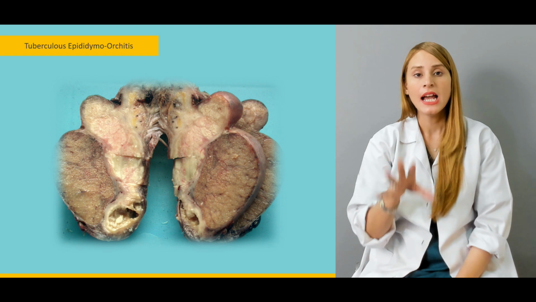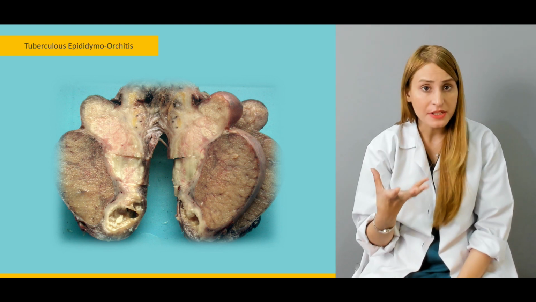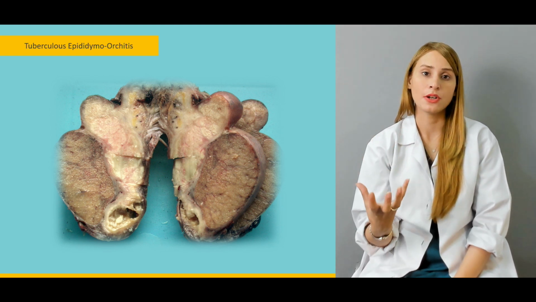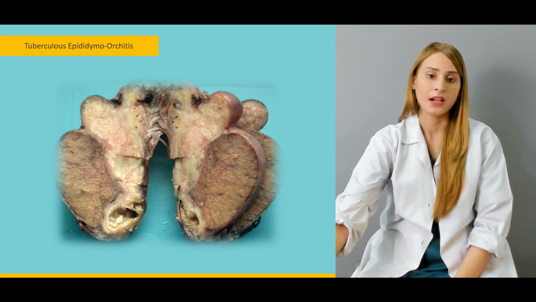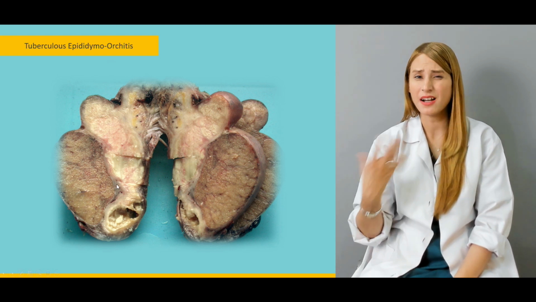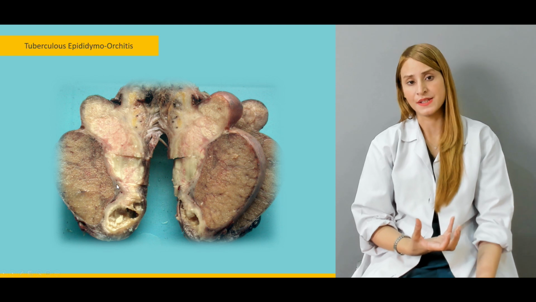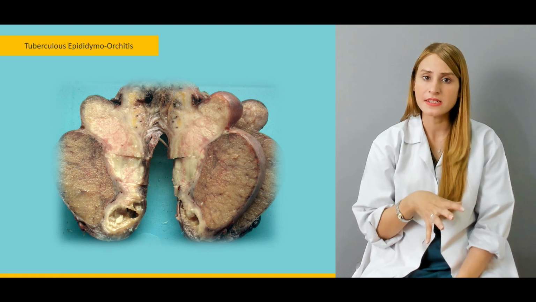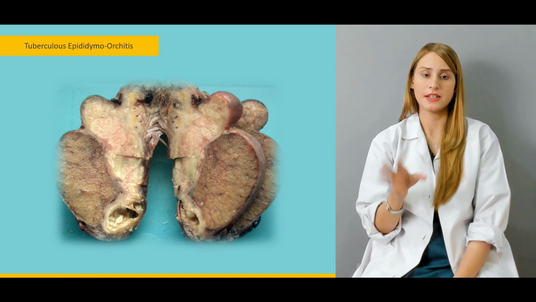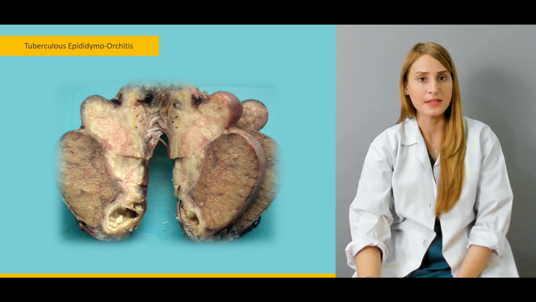Always keep in mind that since it's a chronic inflammatory process, you can see here in the diagram that there would be extensive fibrosis, and you have to give the antibiotics as well, but you have to put the patient on the anti-tuberculous therapy as well.